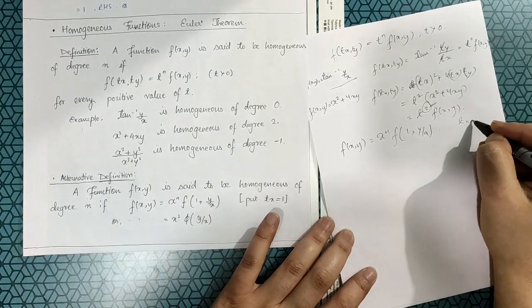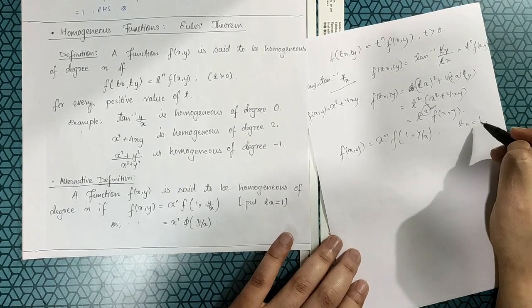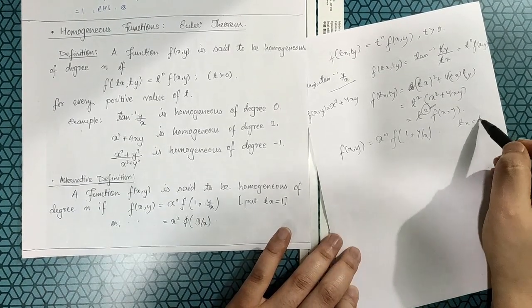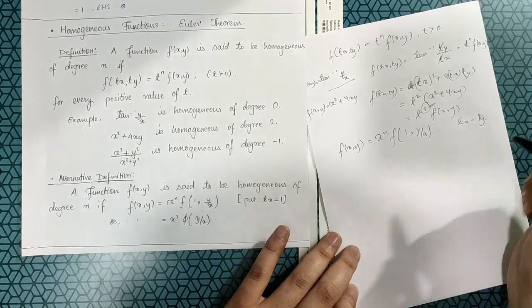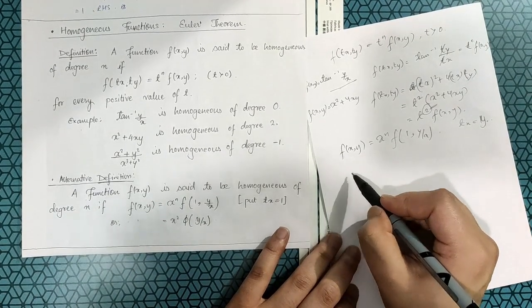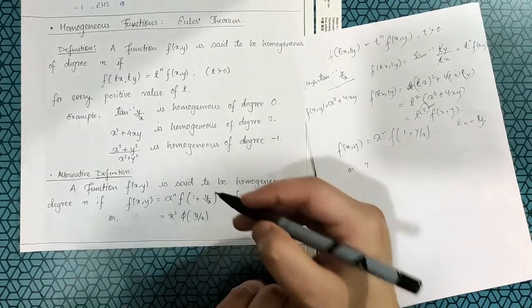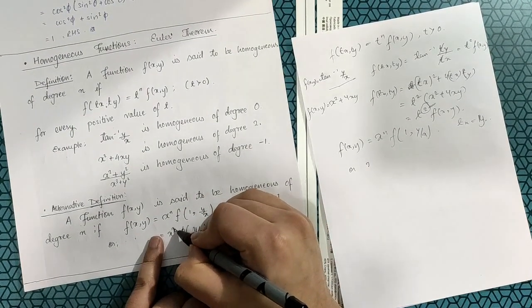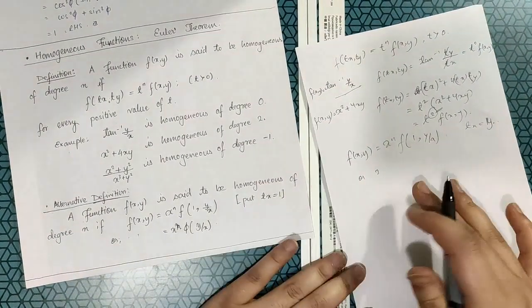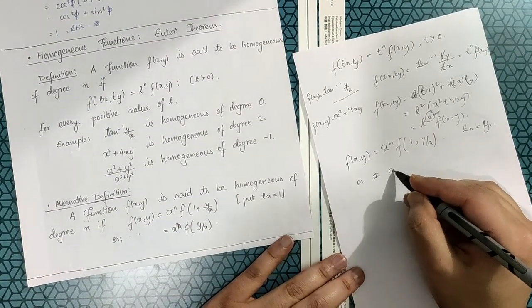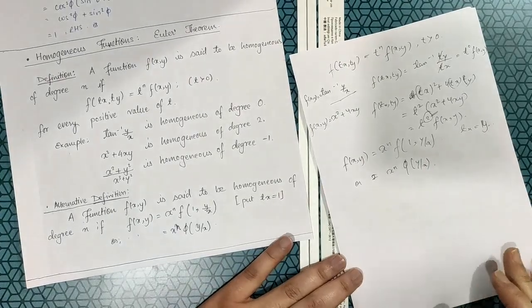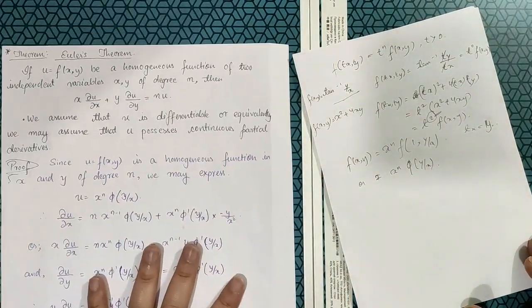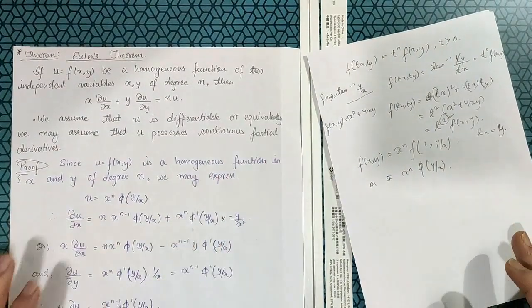Here we put t equal to 1 by x. So this is the alternative definition. We now define Euler's theorem.